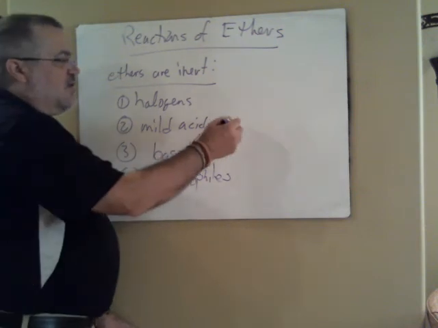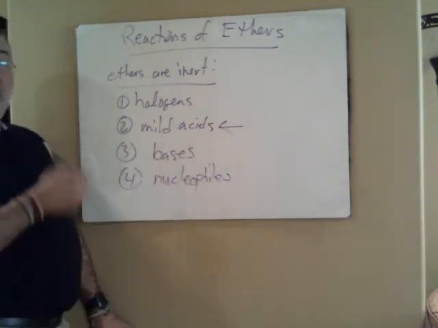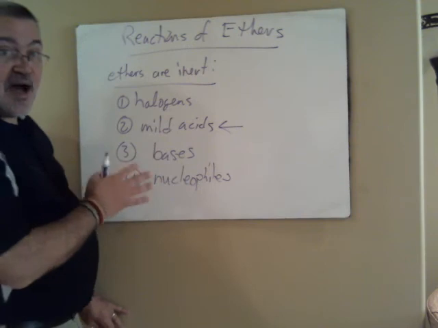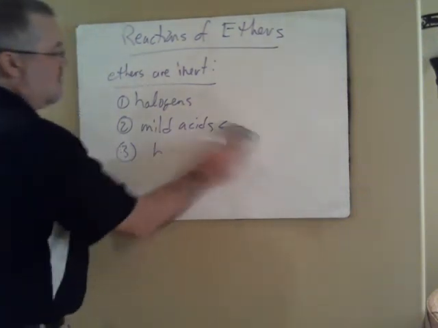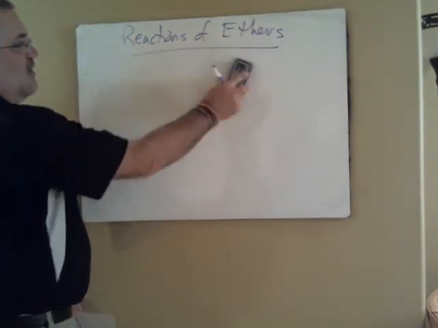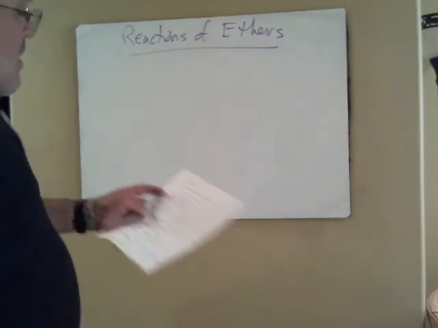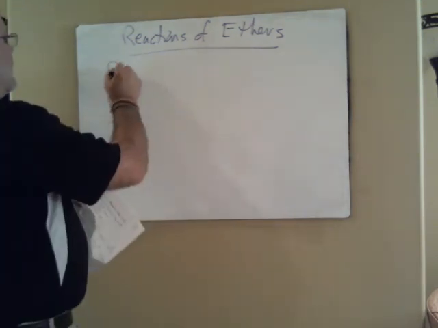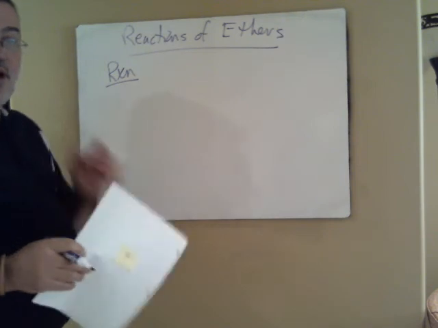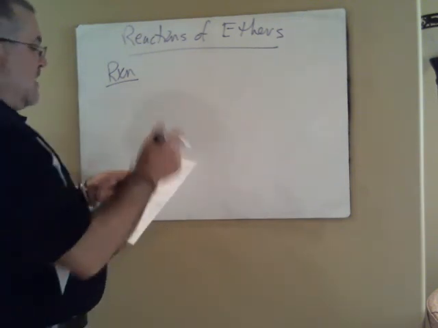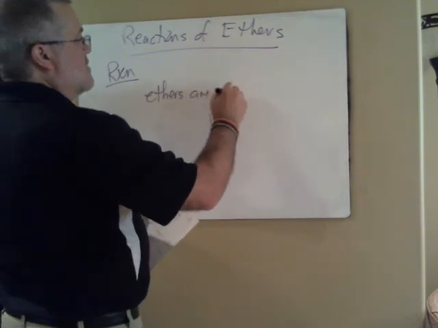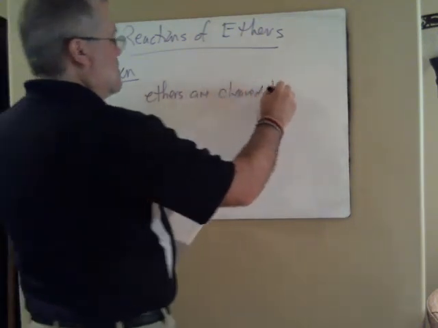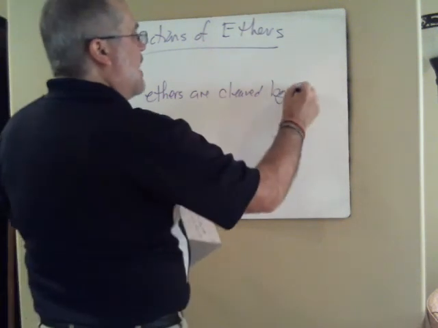And what you might notice on this list is that I put mild acid. So inert to mild acid. That makes you wonder, why did he say mild acids? Because ethers are not inert to strong acids. And so the first reaction, and really one of the only ones we'll talk about, is that ethers are cleaved by strong acids.